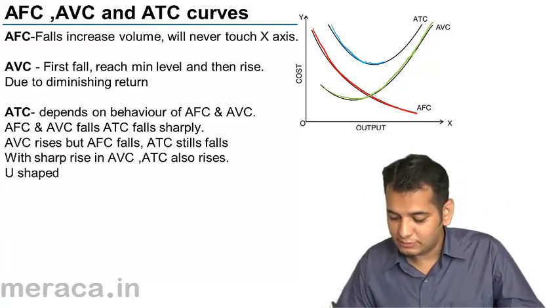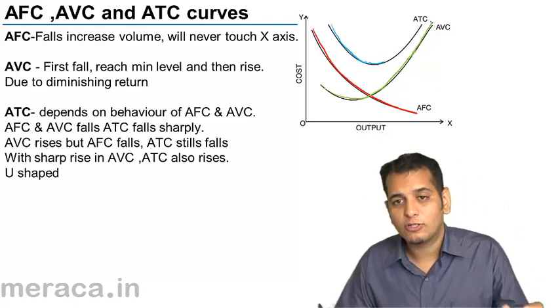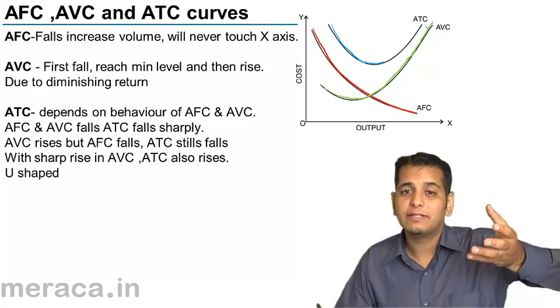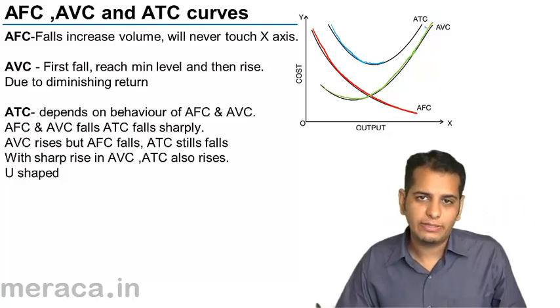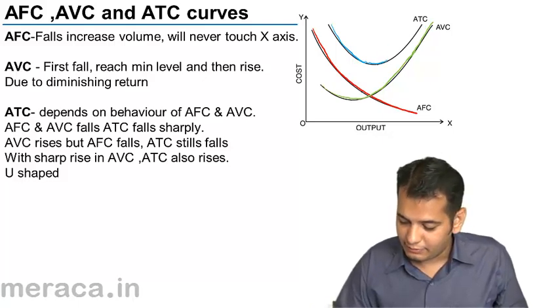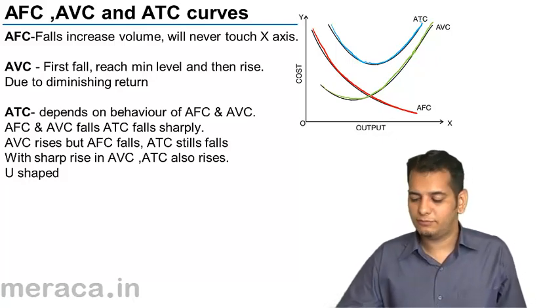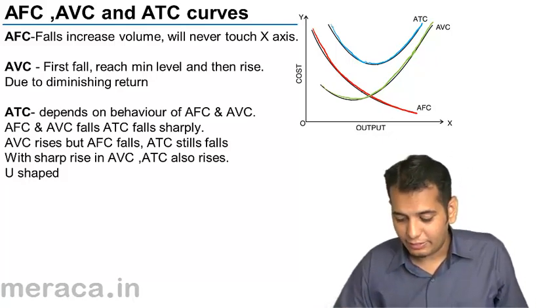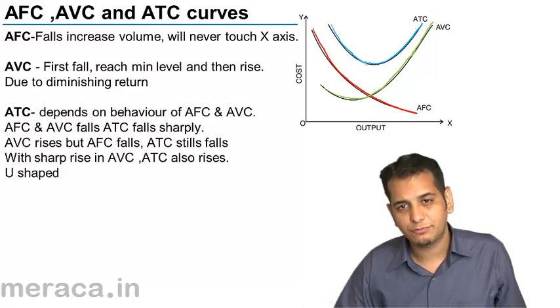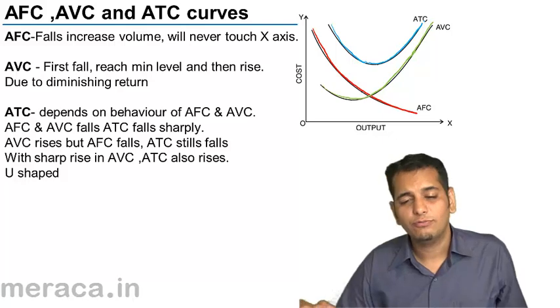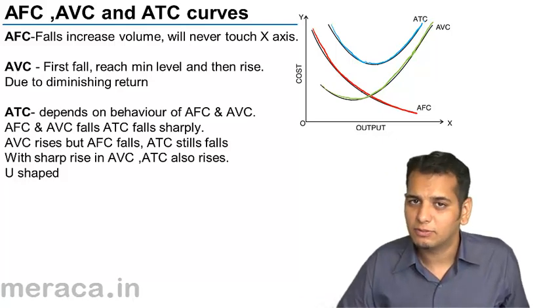And the average variable cost curve rises. So the weight of the average variable cost curve now increases and then the average total cost curve starts to follow the average variable cost curve. So initially it follows the pattern of average fixed cost and then it follows the pattern of average variable cost.